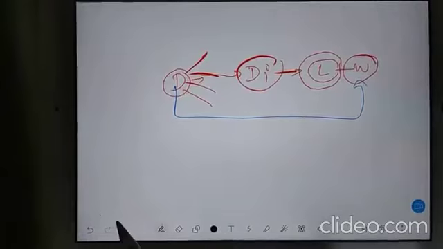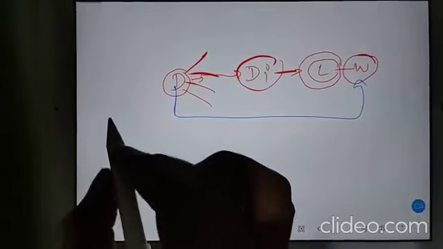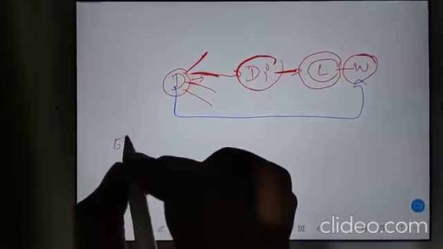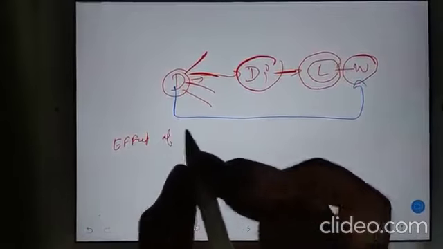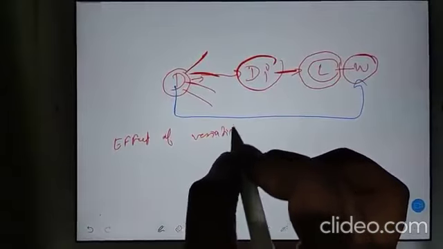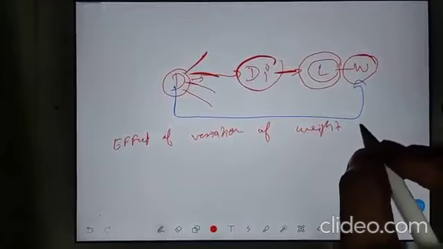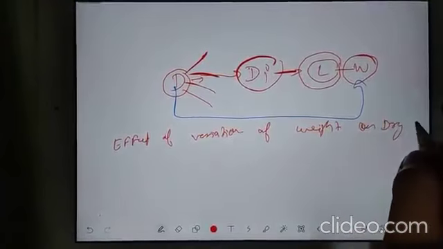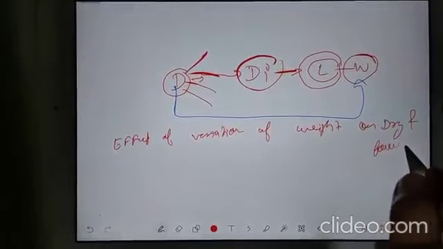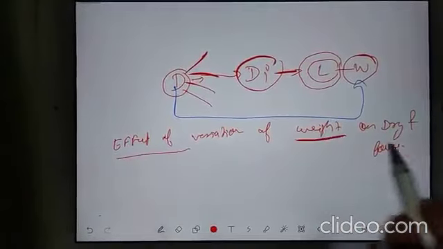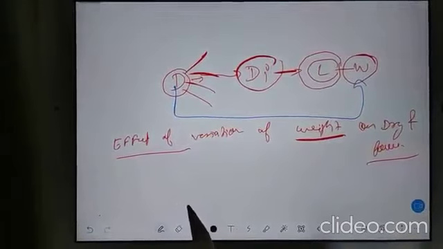It is very easy. Take the heading: effect of variation of weight on drag and power. This is your heading.